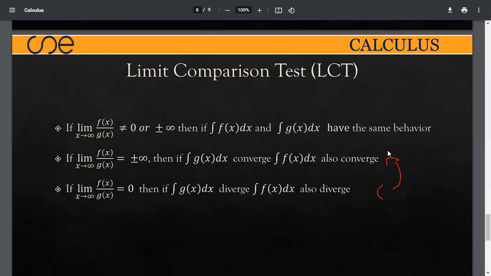So I need to find a convergent integral g of x. And in case, so this should be 0 and this should be plus minus infinity, in case it's equal to infinity, then that function g of x I chose must be a divergent function.